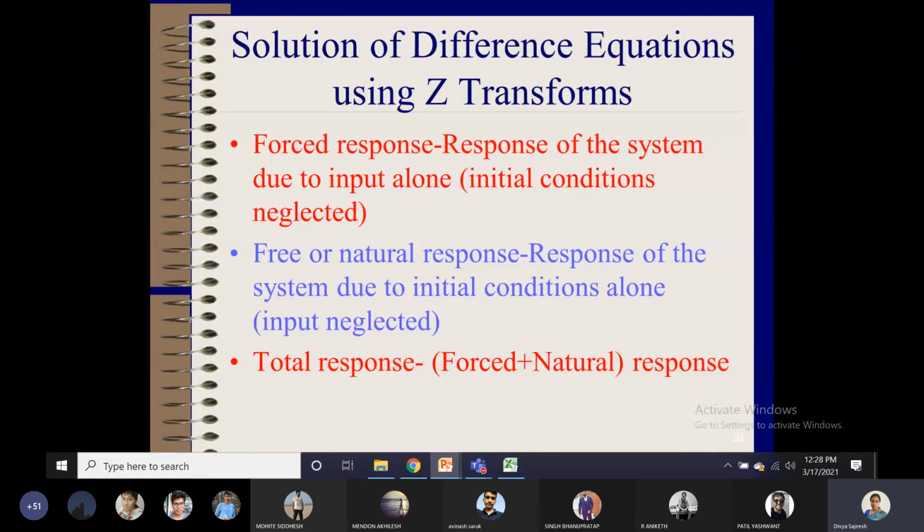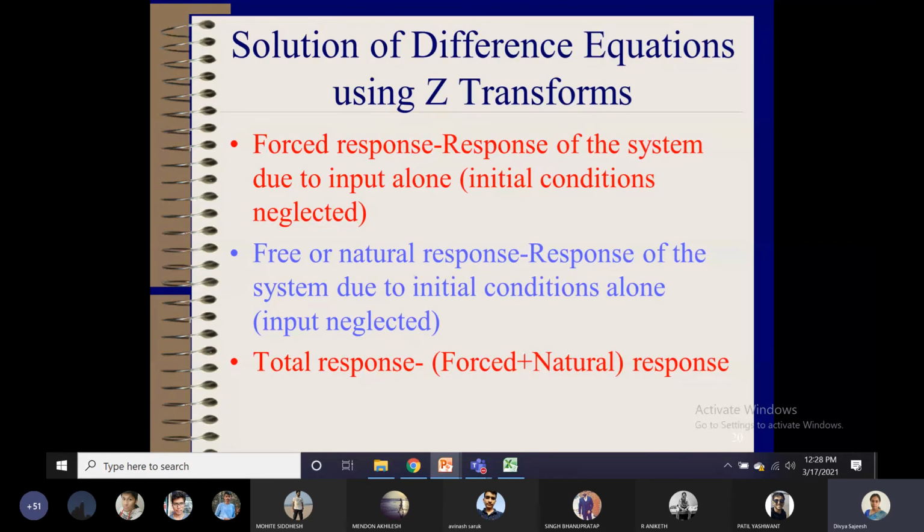So first we need to obtain the forced response of the system, then you can obtain the free response of the system, then by adding these two together you will obtain the total response.